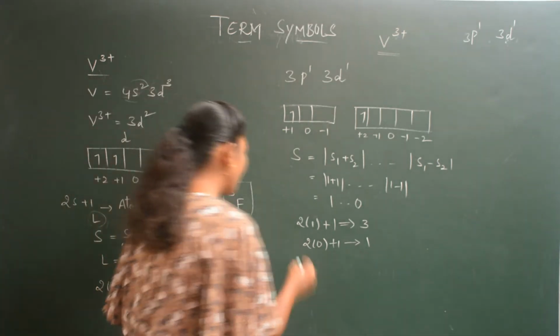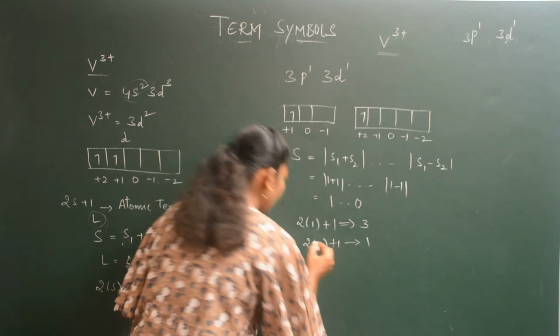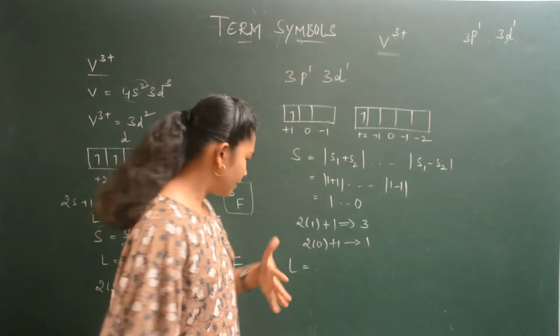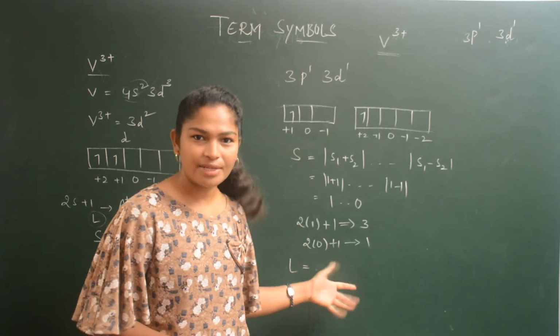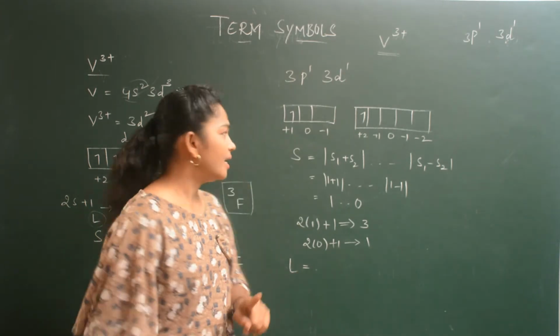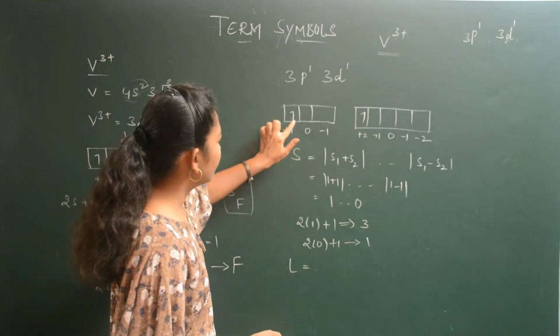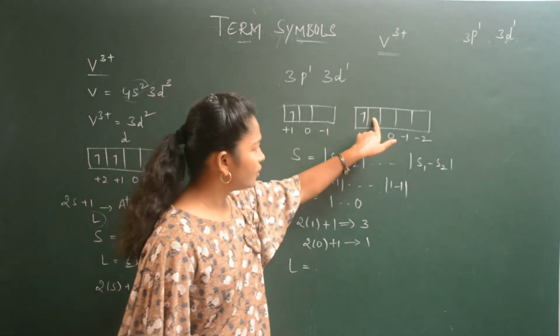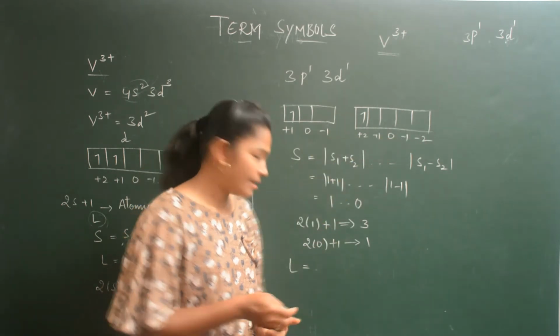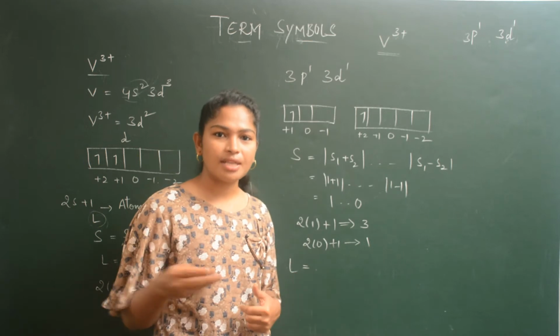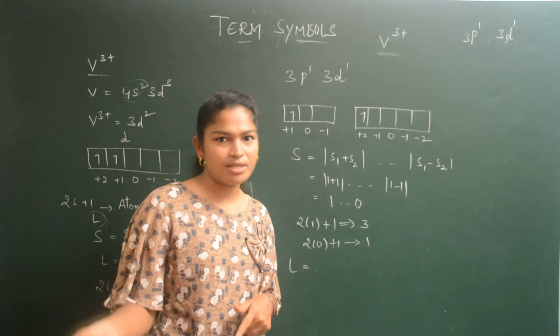Now you have to find out L. Here only 1 electron is in each orbital, so only the summation of L will be taken. Suppose you have 2 electrons, 3 electrons, then the possible L values you will get are L1 plus L2 and so on.